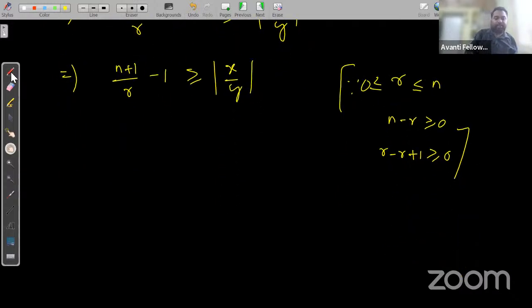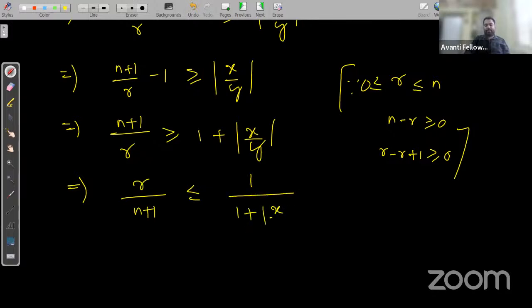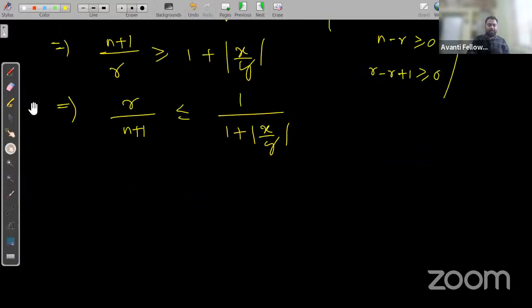So simplifying, we are getting n plus 1 upon r is greater than or equal to 1 plus mod of x by y. Is that right or not? If we take the reciprocal of this inequality, we get r upon n plus 1 is less than or equal to 1 upon 1 plus mod of x by y. Right? Okay? We got this?